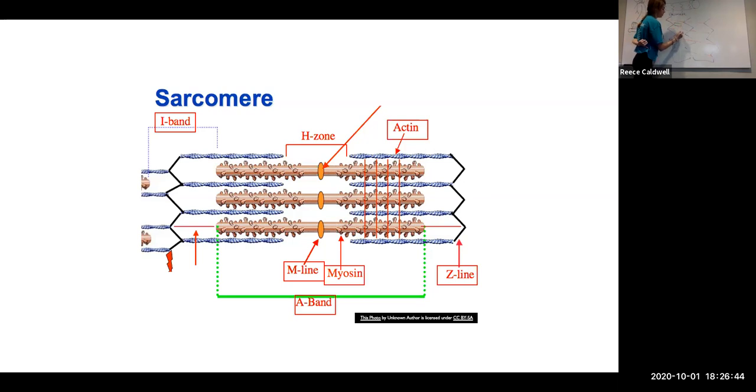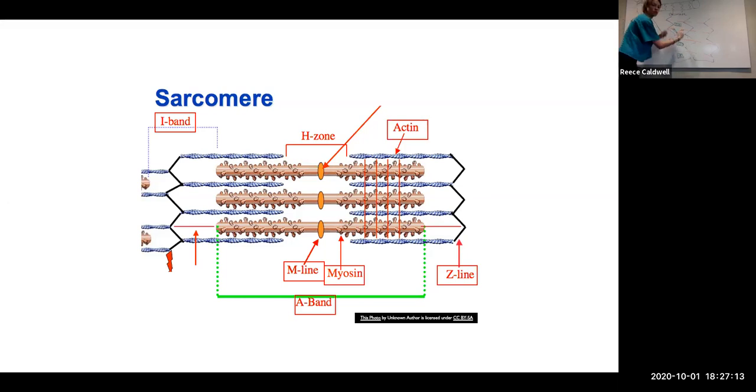Myosins are in the middle. And these are thick filaments. Each myosin filament has a bunch of things called myosin heads. So they have these heads that will attach to actin.